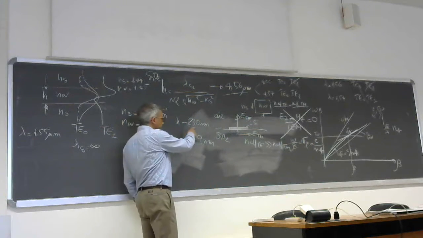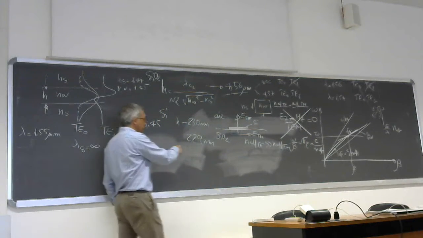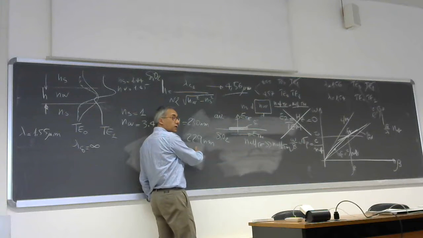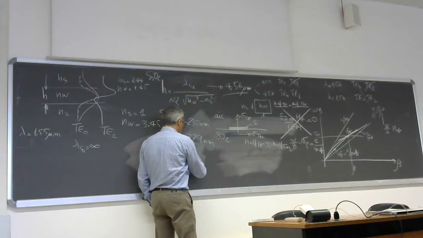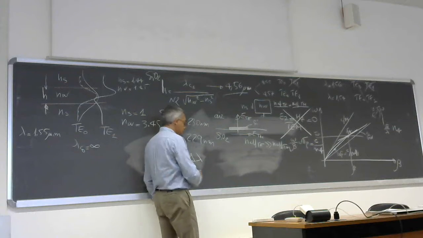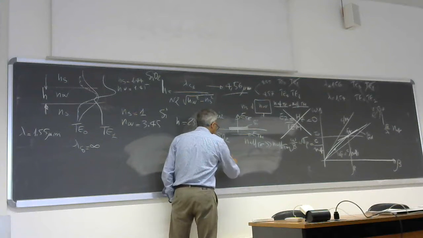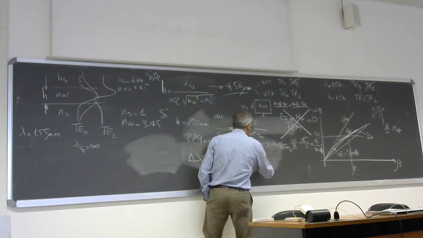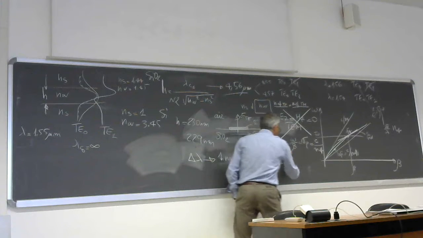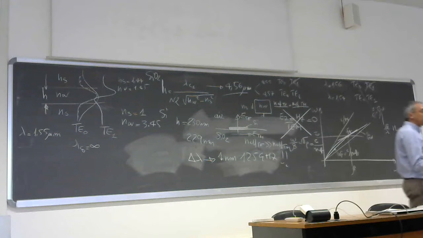In this waveguide that I show you, this means a shift of the transfer function by 1 nanometer. That means 125 gigahertz, which is more than the channel spacing of a WDM system.